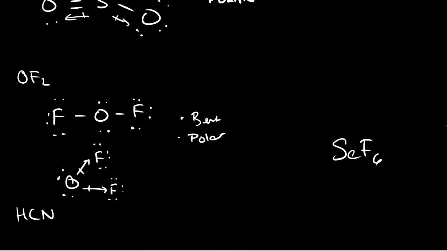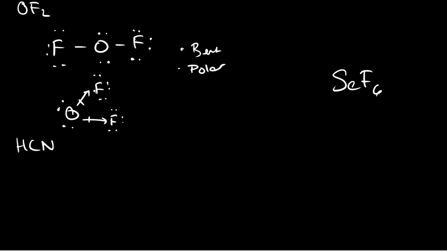And you find the polar bonds by finding the electronegativity differences. So you subtract the lower one from the higher one, you find the difference. If it's greater than 0.4, it is polar. If it's less than 0.4, it is nonpolar. If it's greater than 2.0, you will know it's ionic because it's going to be metal and nonmetal.